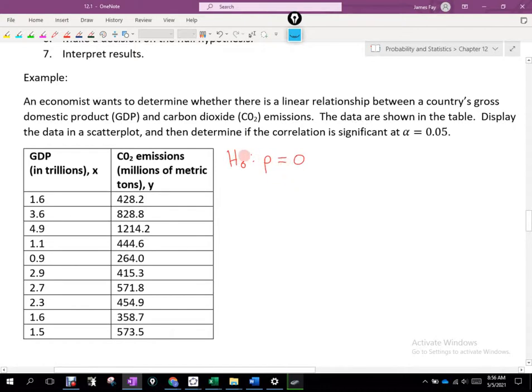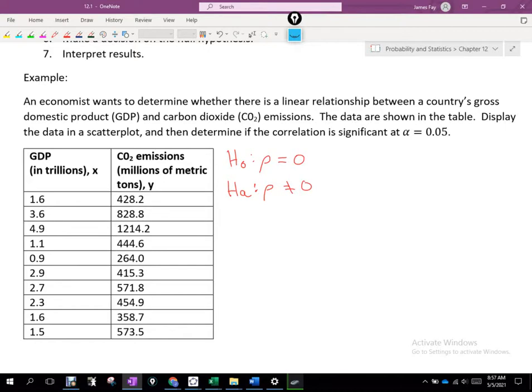What that means is we're going to make the assumption that there is no correlation. The alternative is that rho does not equal 0. Just be careful, because a lot of times rho looks like P, so you might be thinking proportion instead of correlation. Just be careful with that.